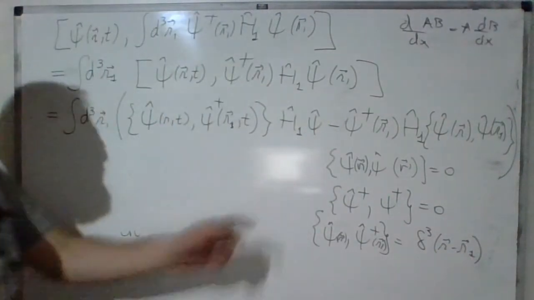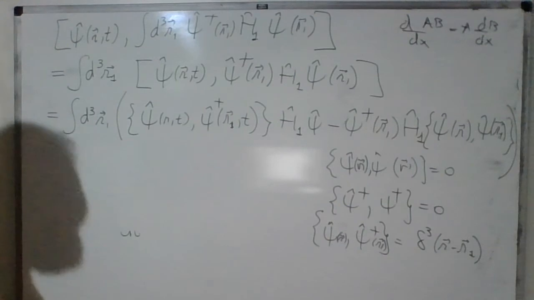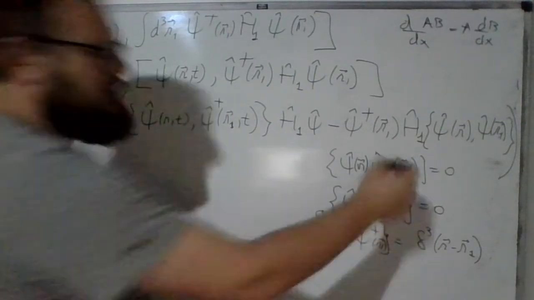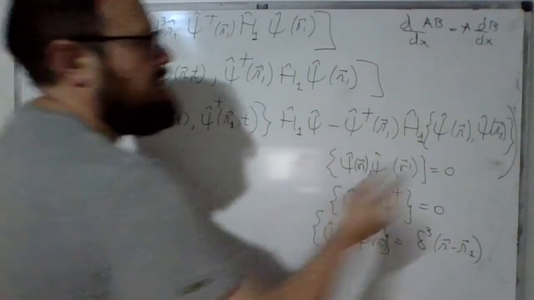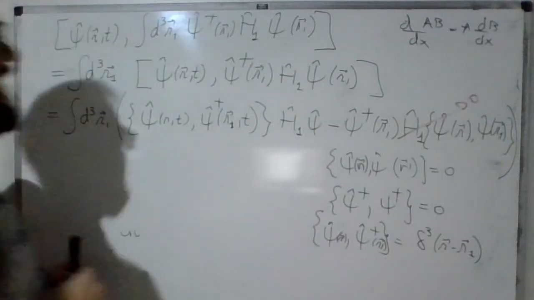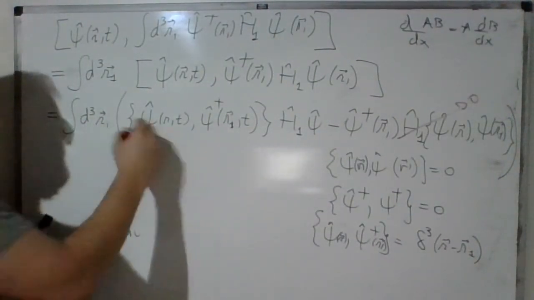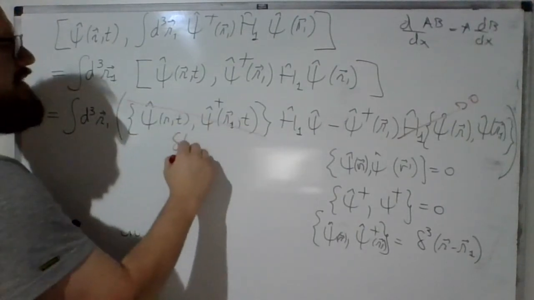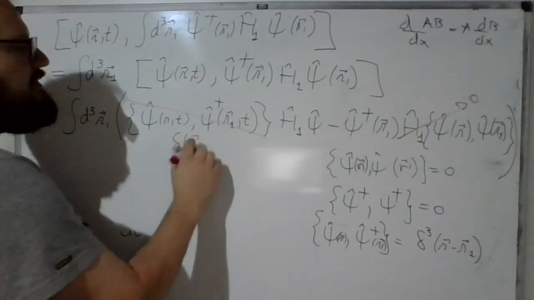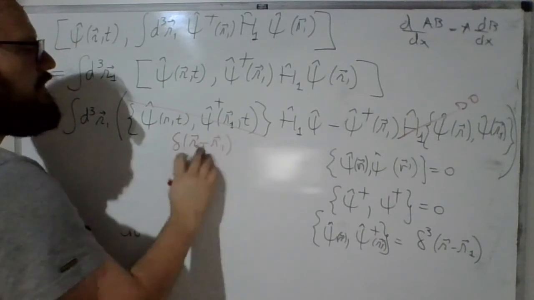This is a 3-dimensional Dirac delta. So this is 0 here, this is 0, and here what do we have? We have a Dirac delta of R minus R1.